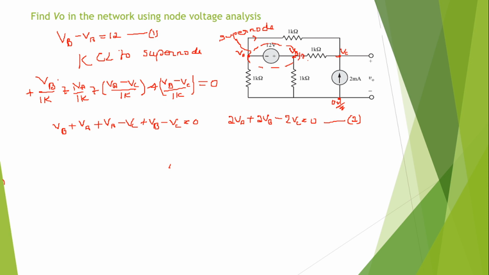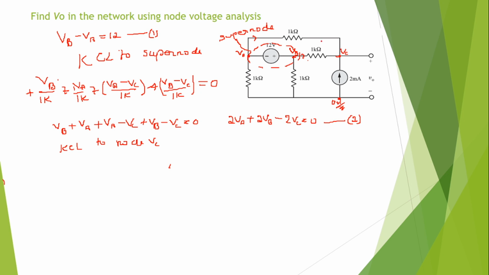Now the third one, that is by applying KCL to node VC. So when I am applying KCL, what are the elements connected? One is this current source, 2 milliamps, and another one is the 1 kilo ohm which is connected between VC and VB, and this 1 kilo ohm which is connected between VC and VA.